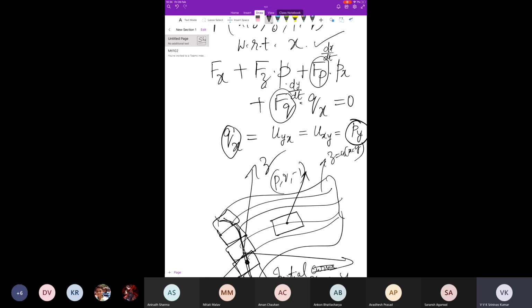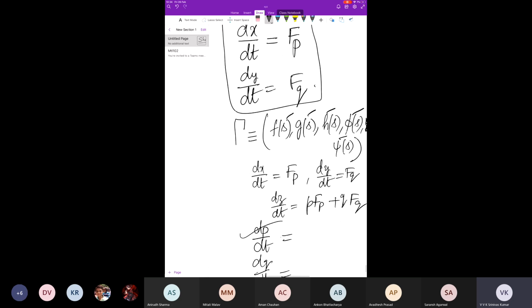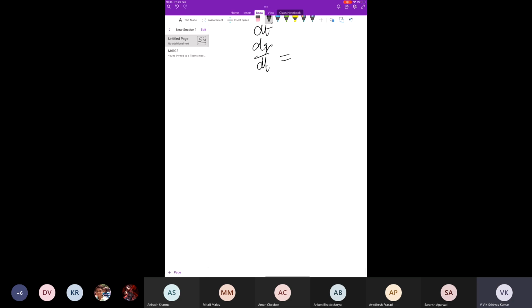So the equation I'm writing here freshly is fx plus fz into p plus dx upon dt px plus dy upon dt py is equal to 0.